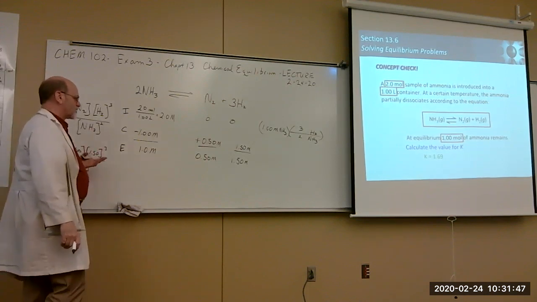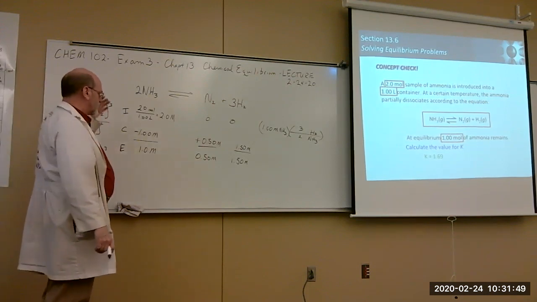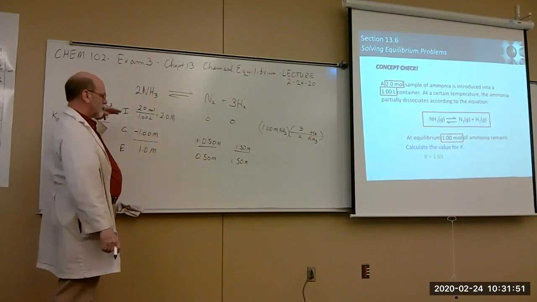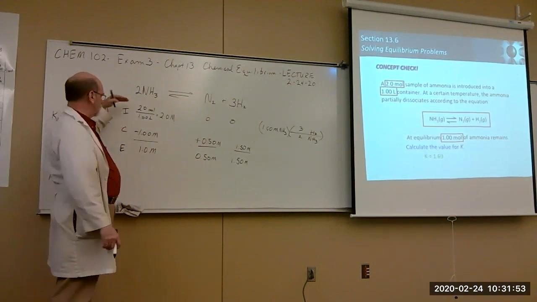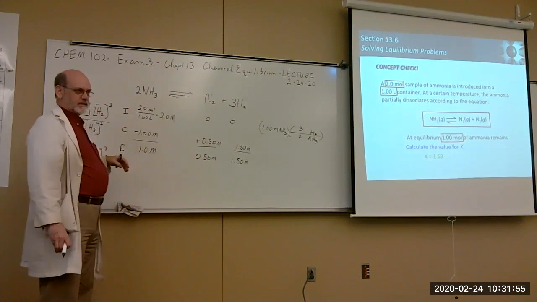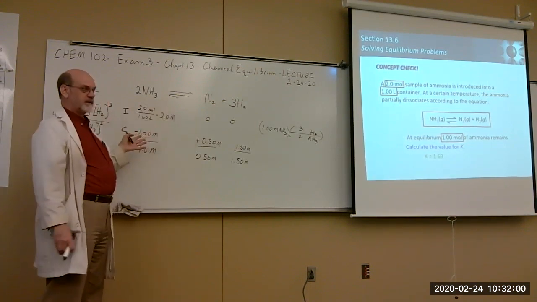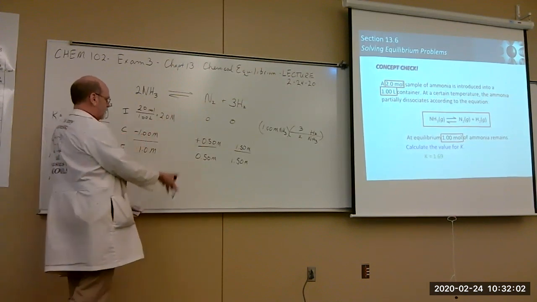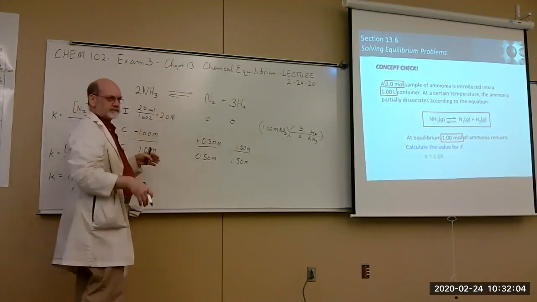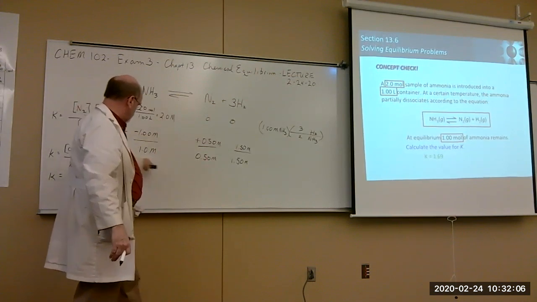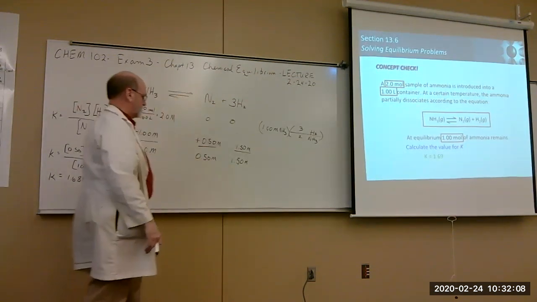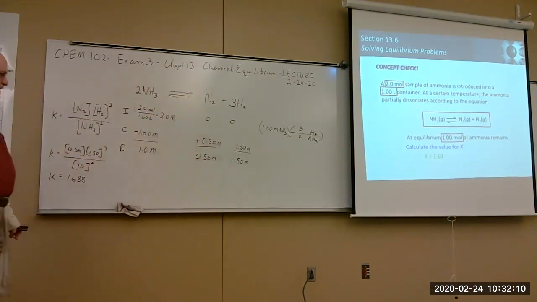So I guess the moral of this story is when you set up an ICE table, you don't have to be linear about it. You don't have to go blank, blank, blank. Set up your ICE table and put in the information that you know, that you're given. Then you might have to work backwards to fill it in and prove to yourself that the equilibrium position is valid.